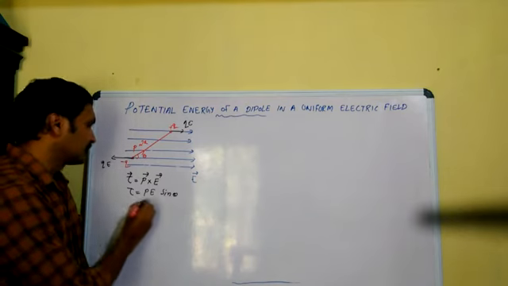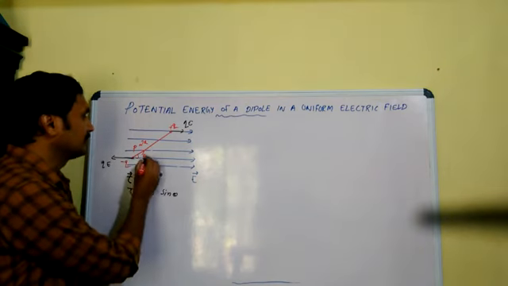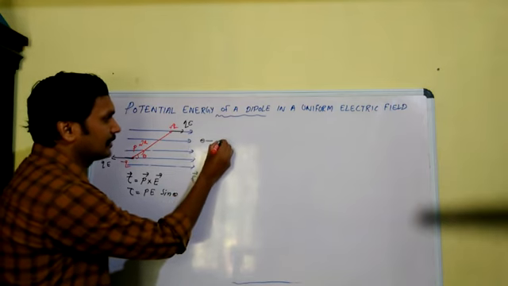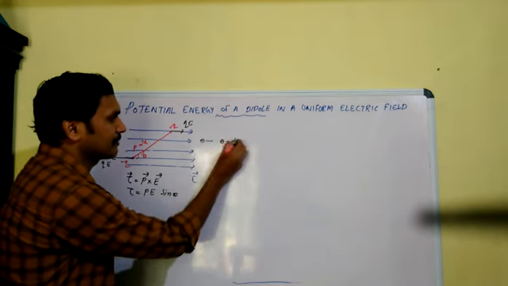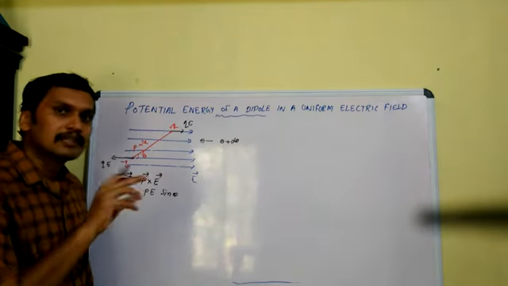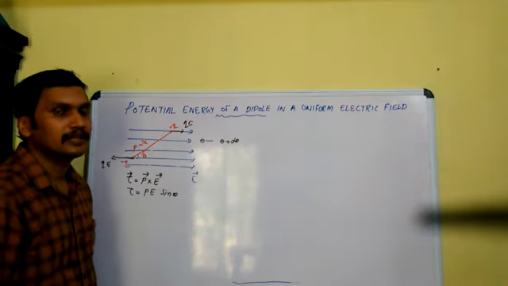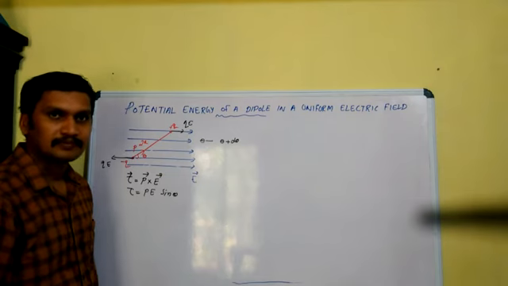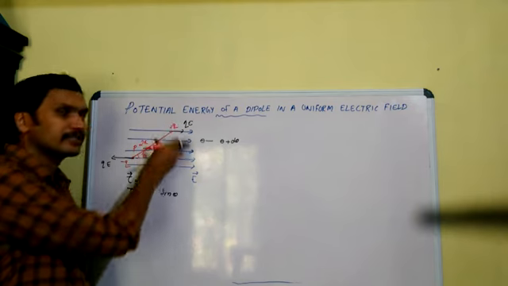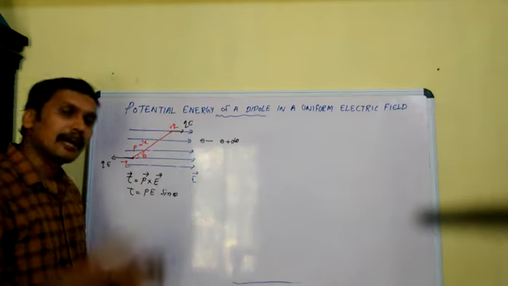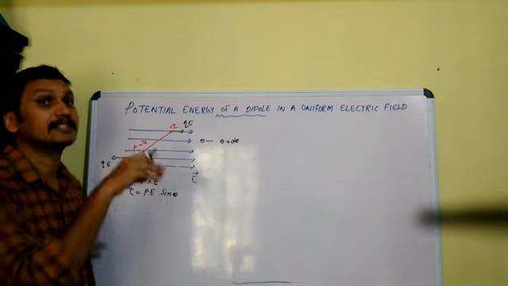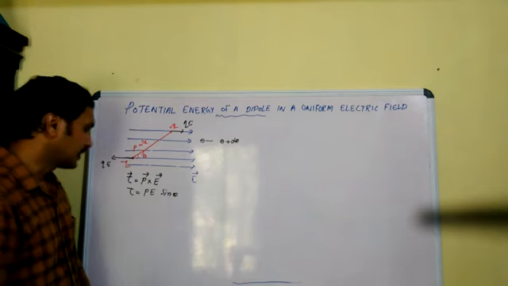If we change the angle theta to theta plus d theta, where d theta is a very small angle, the torque is trying to align this dipole along the uniform electric field. So we have to apply some external torque to increase this angle. So what is that work?